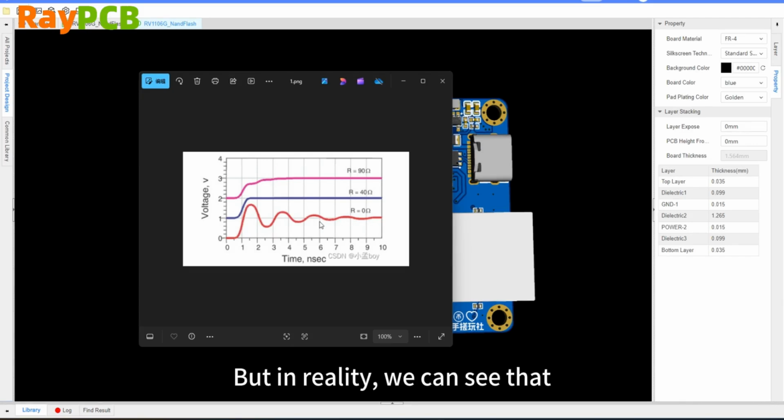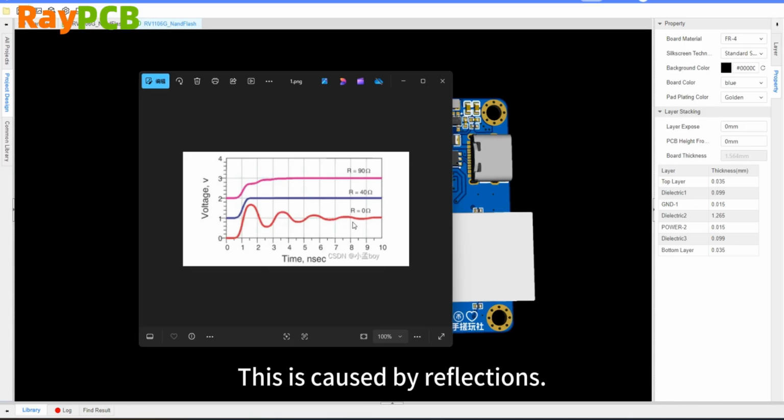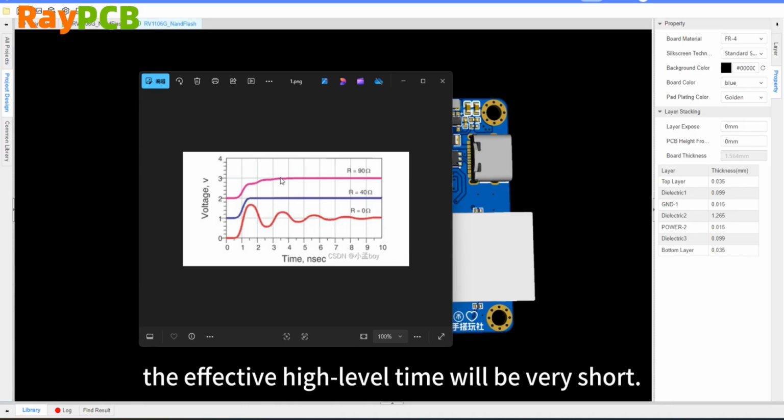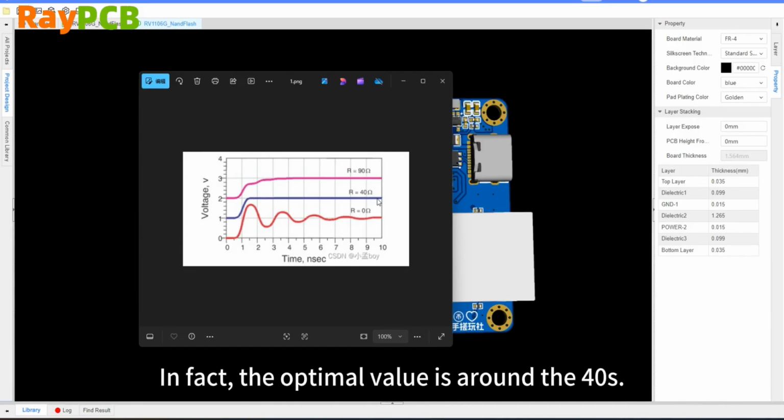But in reality, we can see that when the impedance is 0 ohms, it's not a straight line. Instead, there's a long oscillation at the front end, which is caused by reflection. At 90 ohms, the rise time increases, so when the signal is fast enough, the effective high-level duration can be very short. That's why many circuits use a 50 ohm impedance, but in fact, the optimal value is actually a bit over 40 ohms.